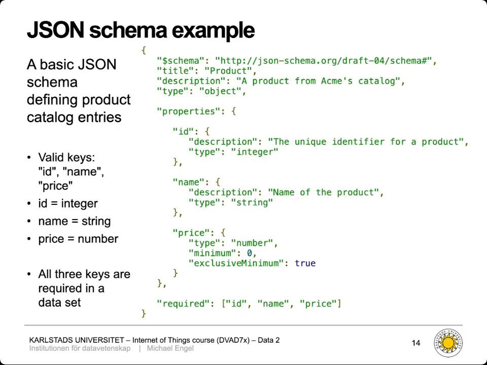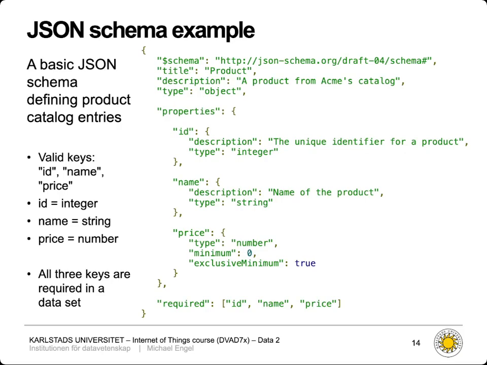And the same for name: the name of the product must be a string, and the price of a product must be a number. We can set a minimum price here, for example, of 0, and we can also say that we want to exclude the minimum of the price because we don't want to have products that have a price of 0.